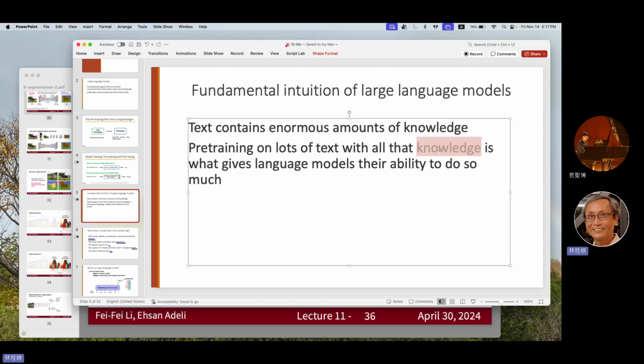From the encoding to the embedding, we start to understand the meaning of each word. But by putting a lot of text together, now we are trying to derive the knowledge. This is actually a very, very big jump.